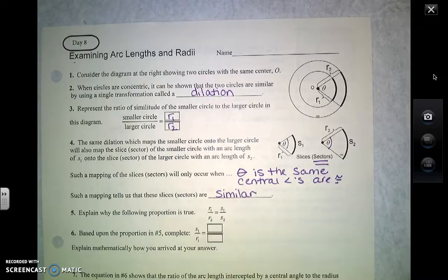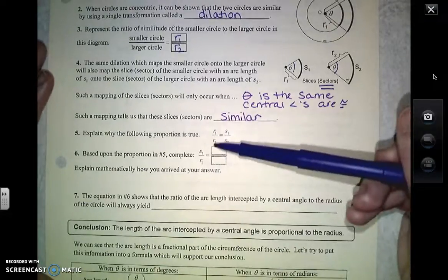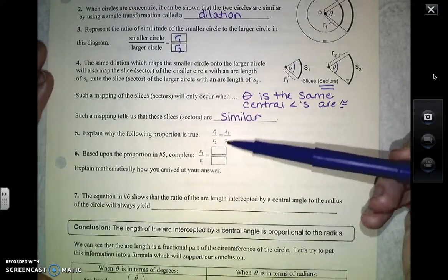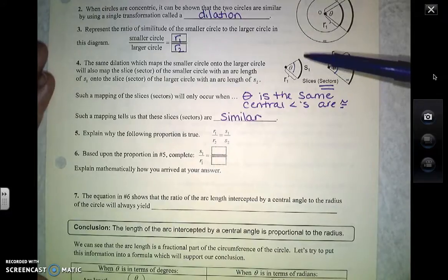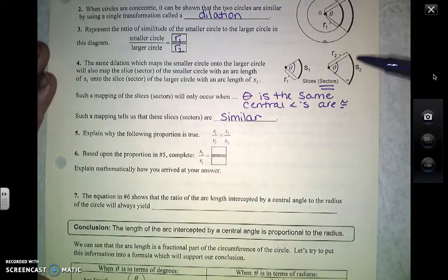Okay, so we're just going to look very quickly through these next two proportions. If I have R1 over R2, that's going to equal S1 over S2. Notice S1 is the length of the arc created for the smaller circle. S2 is the length of the larger arc created by the larger circle.